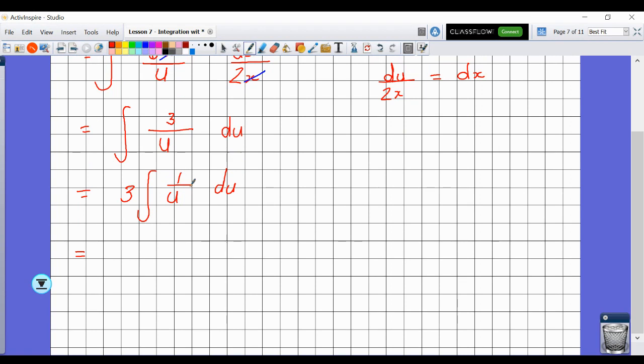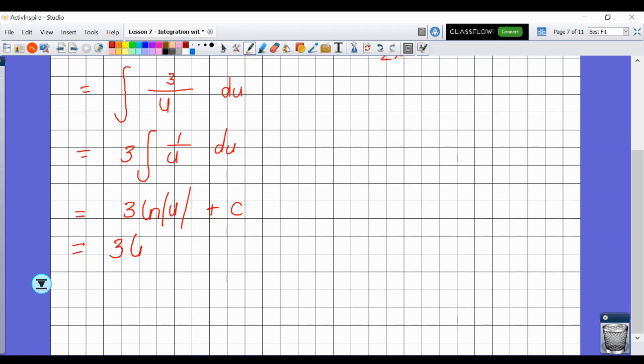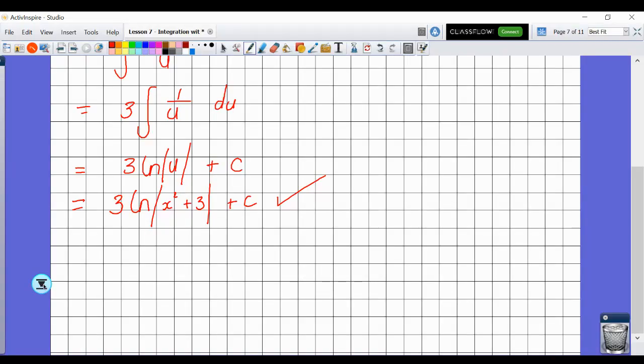It is also on your formula sheet. So it's a special case. So if you differentiate the bottom, you get 1. That's what we've got on top. Happy days. So your integral is just going to be ln of the bottom. Don't forget about the 3 at the front, and you need to have modulus signs. So that just means that whatever u must be, we change it to a positive value. Nearly finished. So 3 ln of, and whatever u was, x squared plus 3 plus c, and then you're finished those 5 questions.